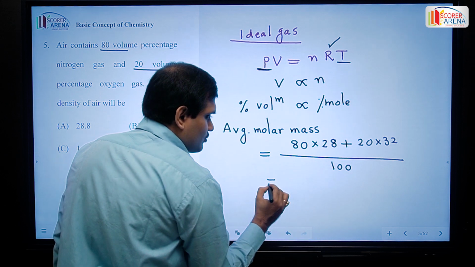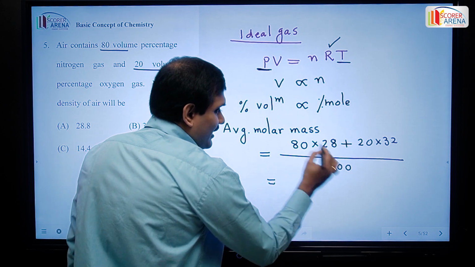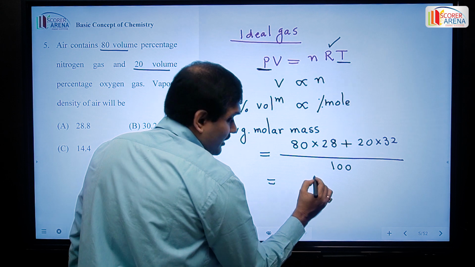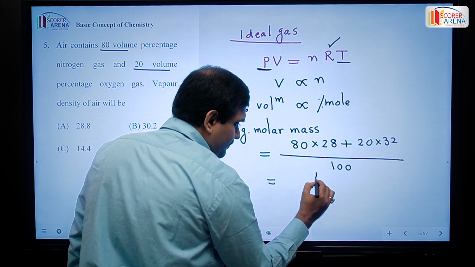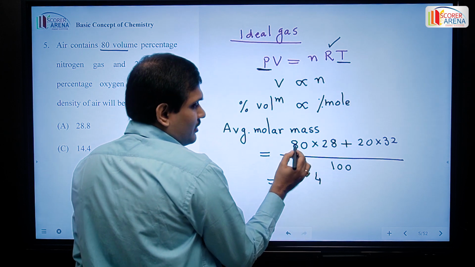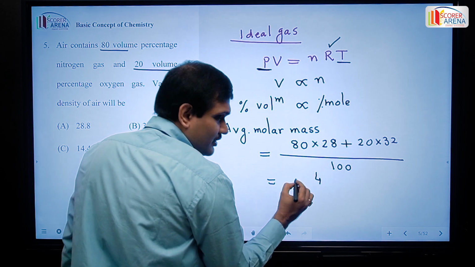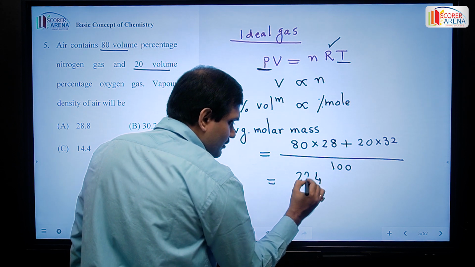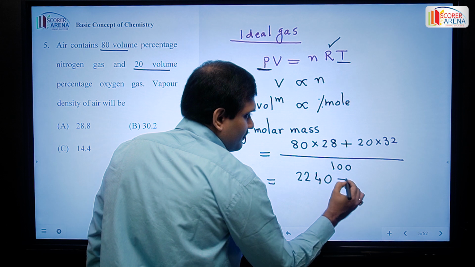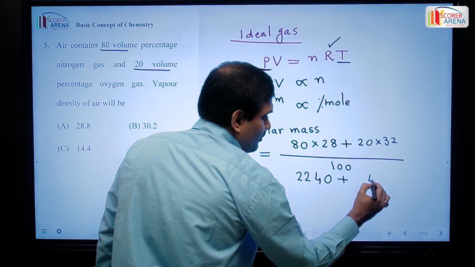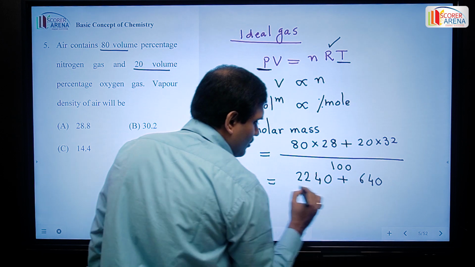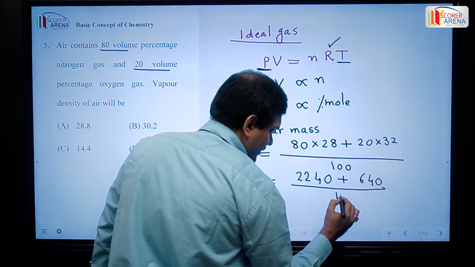So you can solve it. It will be 8 into 8, 64, and 8 into 16 plus, it will be 460 divided by 100.